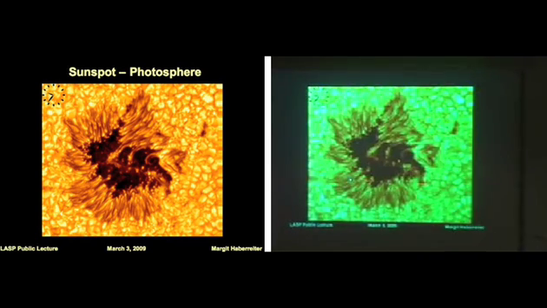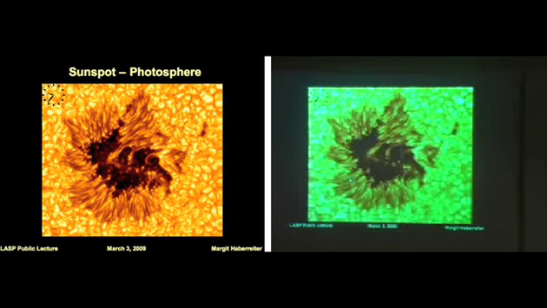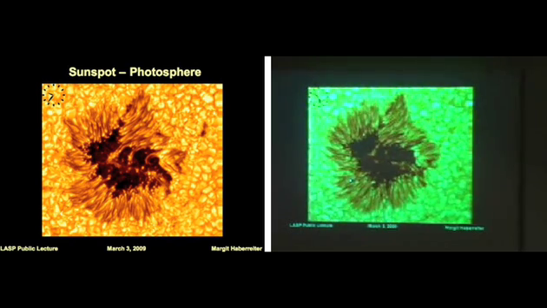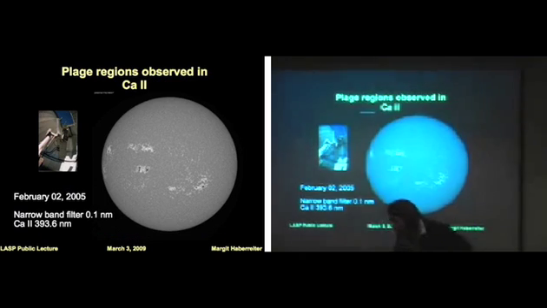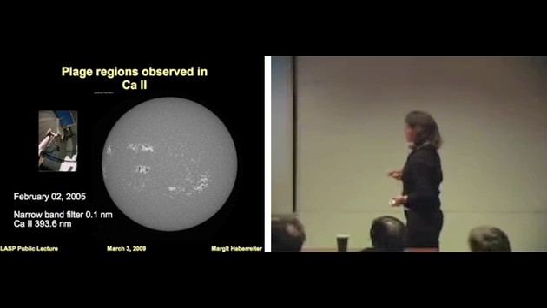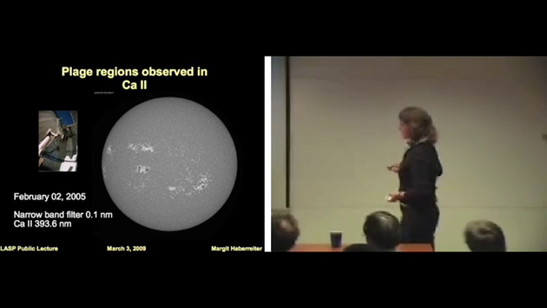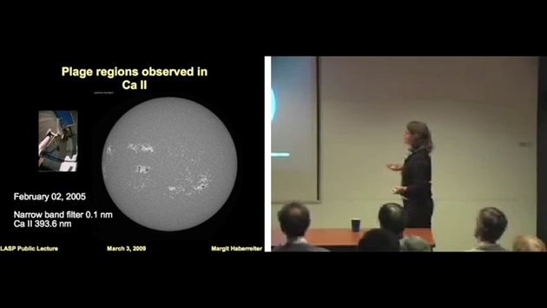And just to give you an idea about the size, a sunspot can easily get the size of the Earth. If we could see the Earth passing by, it might as well be of this size. So sunspots can become pretty big.